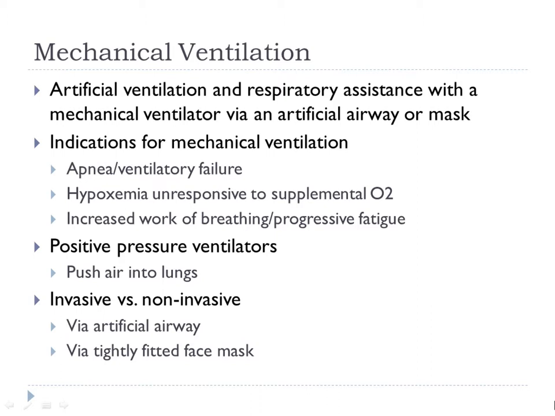It's not a natural process. The natural process is for the diaphragm to fall, negative pressure, and air is pulled in, nice and easy. But with this, it's somewhat violent. It's positive pressure. It's not natural. I talked about invasive and non-invasive: the artificial airway, like a trach or an endotracheal tube, or we can use a mask.